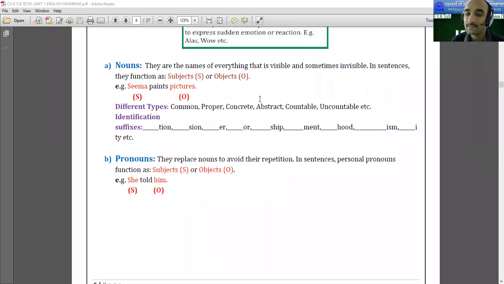These are the isms. Activism. And ity: quality, community, activity. So these are some of the examples of nouns which end with tion, sion, er, or, ship, ment, hood, ism.